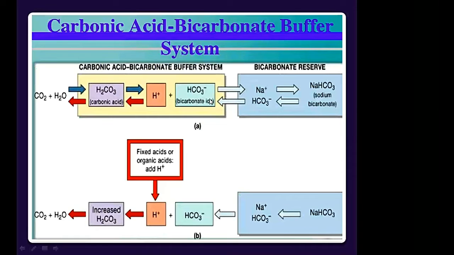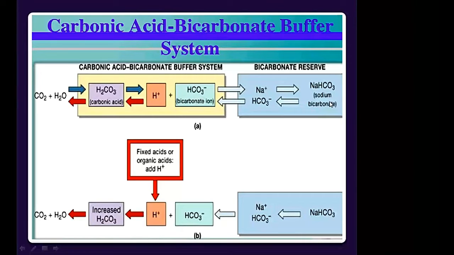This bicarbonate ion can be kept as a bicarbonate reserve inside your blood. Where this bicarbonate goes as a reserve, it may interact with the sodium ion present in your blood and you will get the salt of this bicarbonate, sodium bicarbonate, NaHCO3.